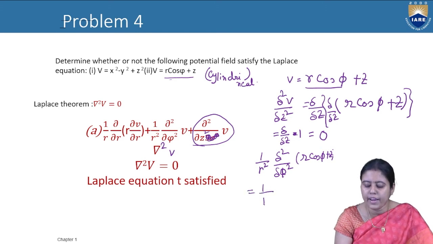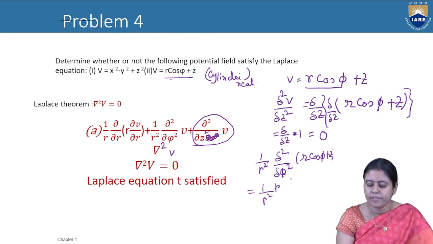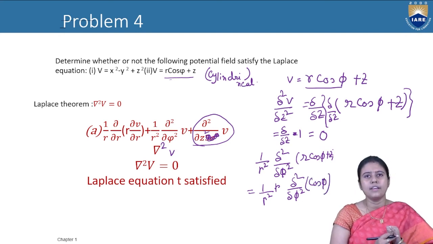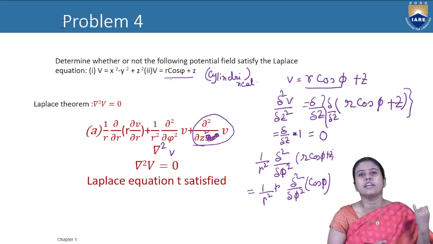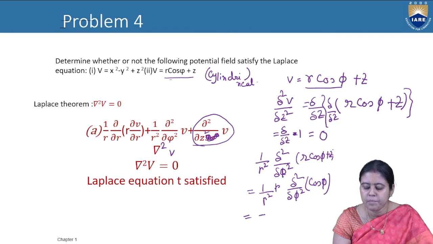So 1 by r square, r is not the variable, 1 by r square into r del square by del phi square of cos phi. So first differentiation of cos phi is equal to minus sin phi. Second differentiation of minus sin phi is again minus cos phi. So we got minus 1 by r cos phi.